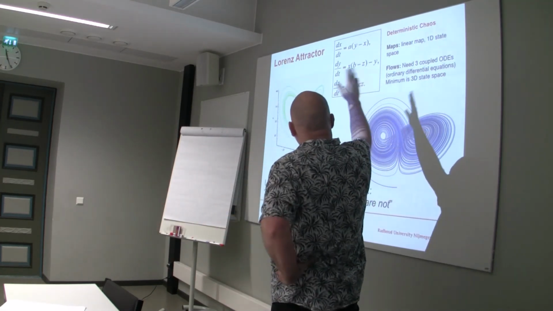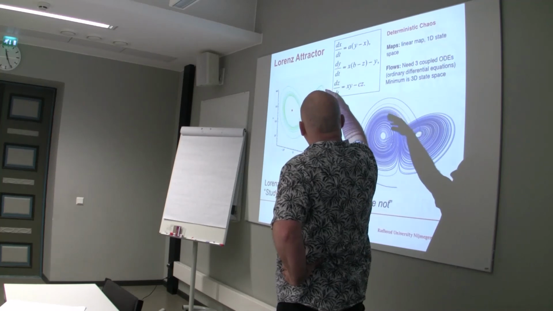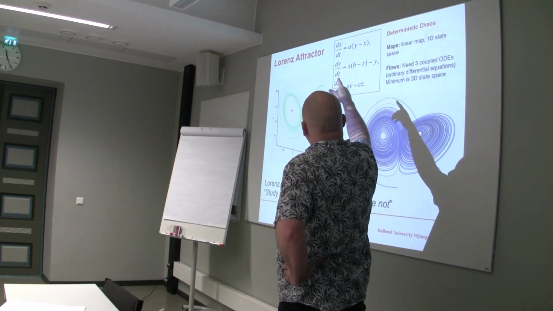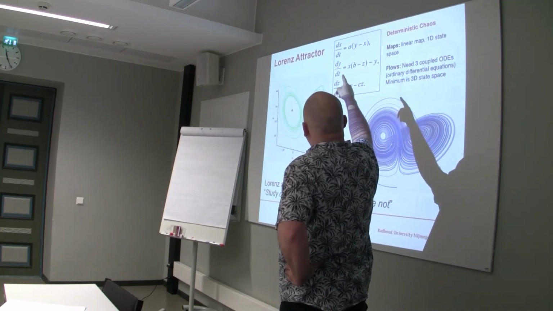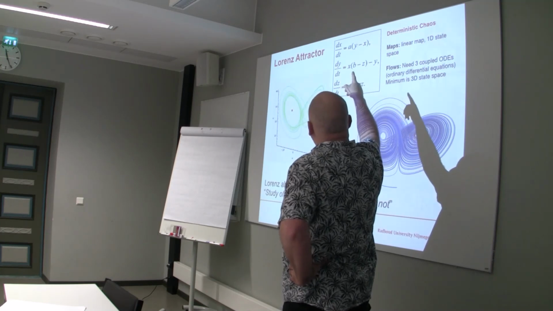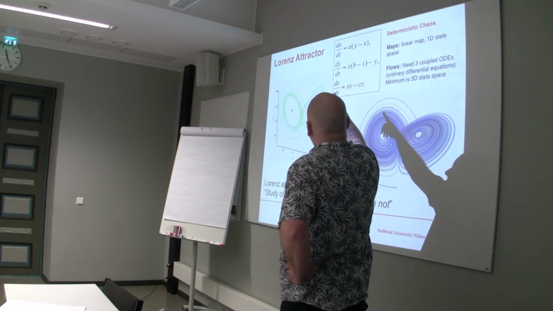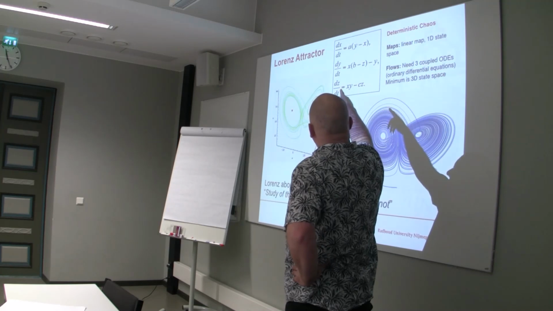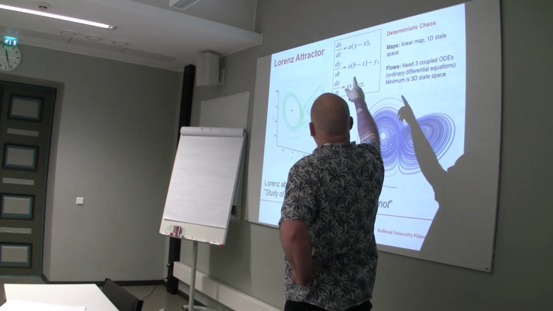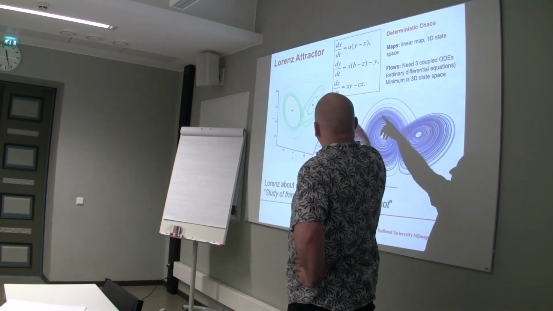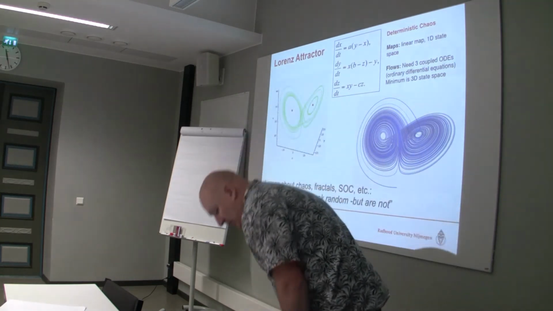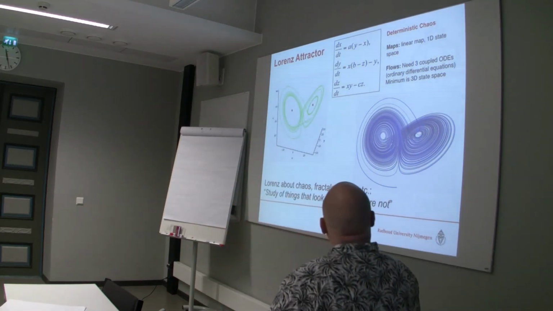But if you look at the other side of the equation, it just tells you that what's going on with x is some kind of function of what's going on in y and x itself. What's going on in y is some kind of function of what's going on in x and what's going on in z and y. And then what's going on in z is some kind of function of what's going on in y and z.